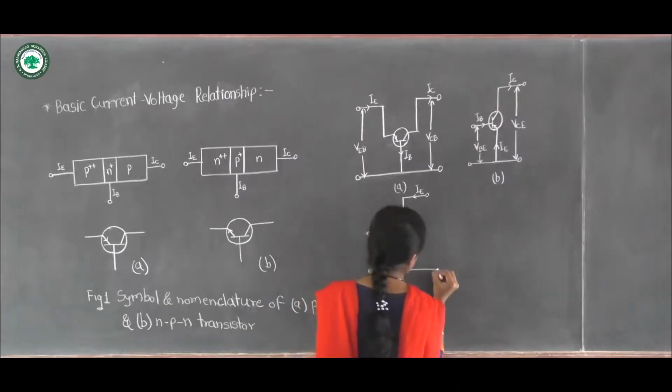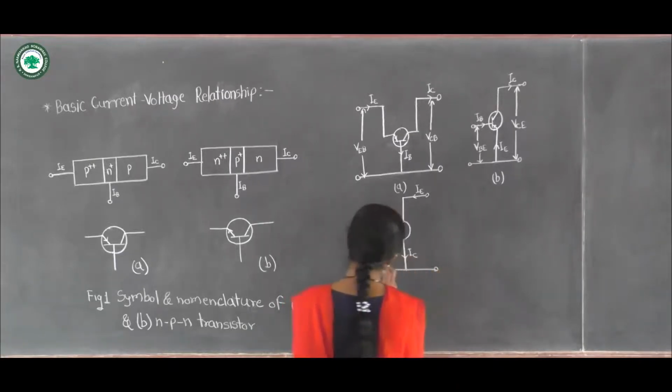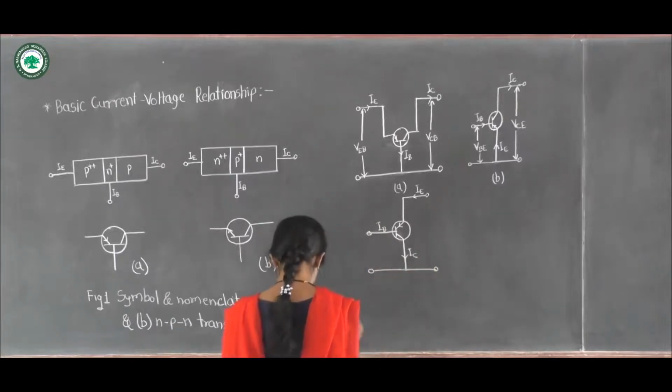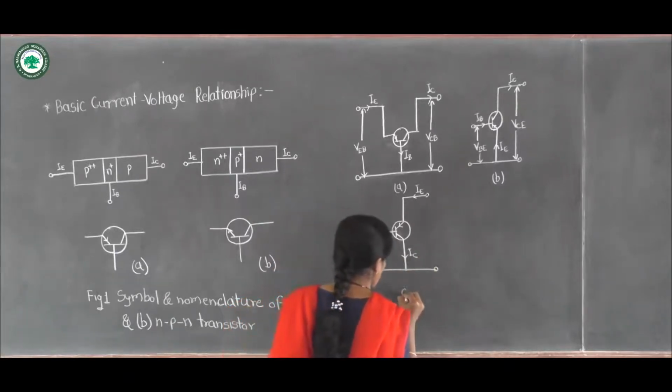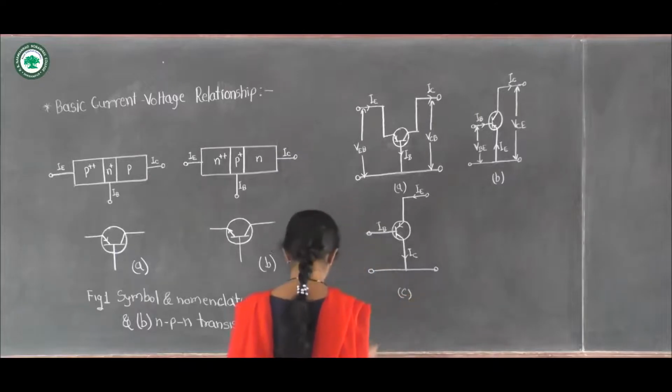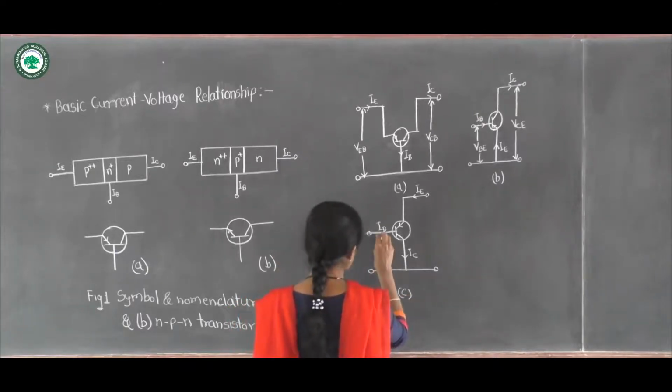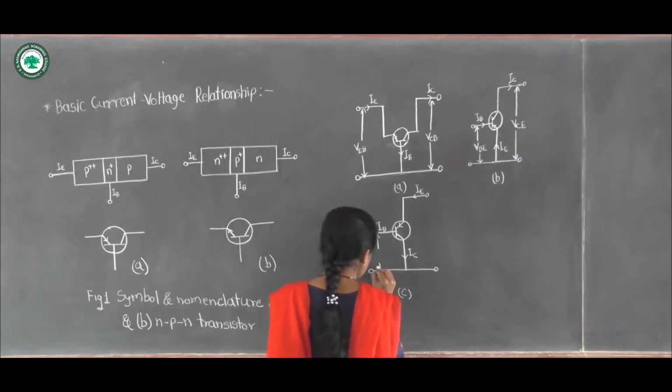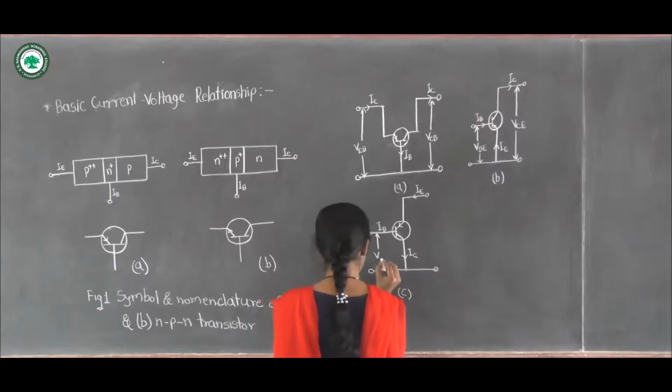As the collector terminal is common to input as well as output, this configuration is the common collector configuration, and the potential difference between base terminal and collector terminal is denoted by VBC.